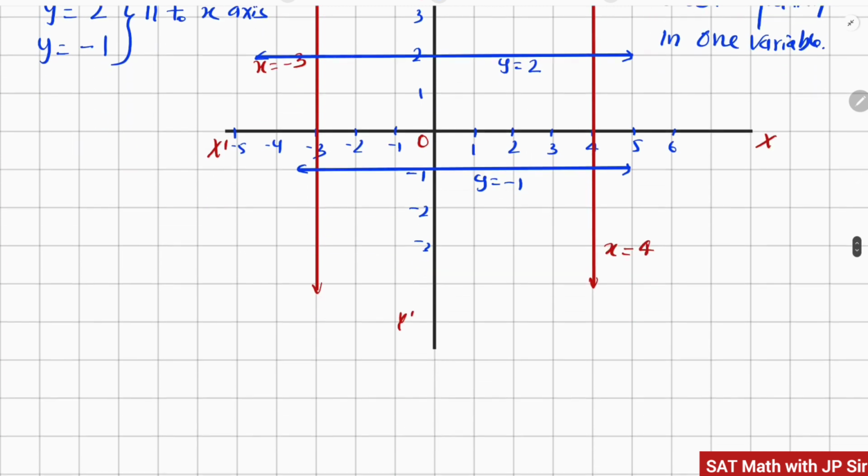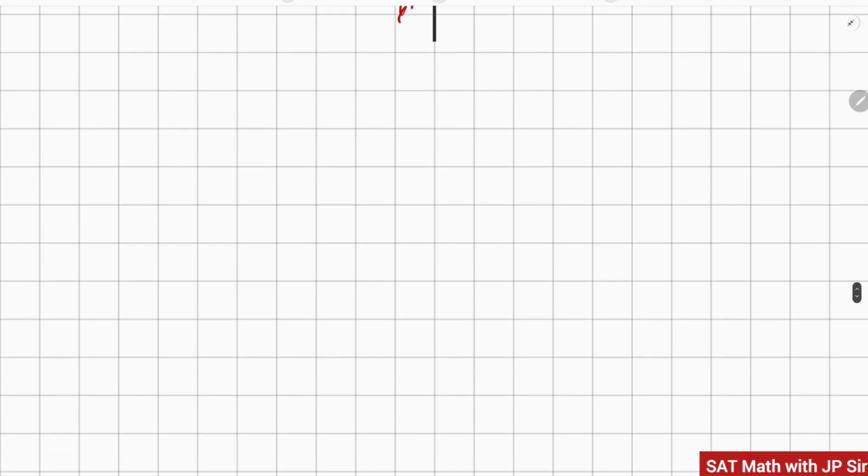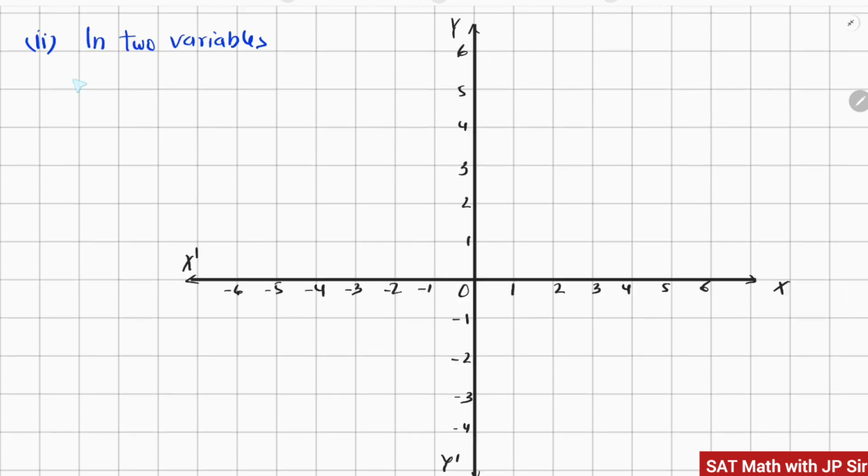Now we will draw the graphs of linear equations in two variables. Let's draw a graph of a linear equation in two variables, x plus 2y equals to 4. So how to draw it? What we need to do is just make a small table, x, y.